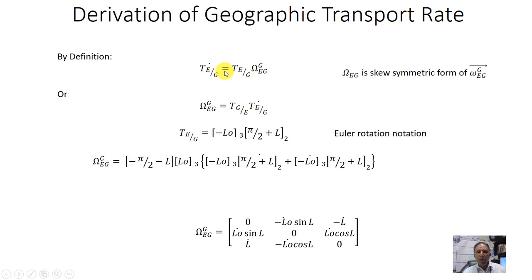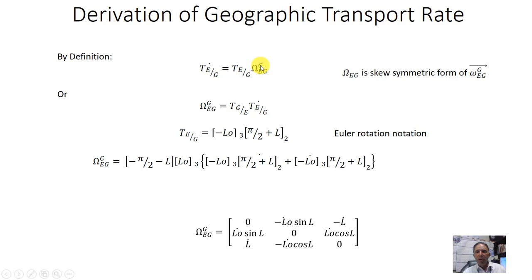In particular, the derivative of the direction cosine matrix that transforms geographic to ECEF equals the direction cosine matrix from geographic to ECEF times the skew symmetric matrix of the angular velocity of the geographic frame with respect to the ECEF coordinate frame, expressed in the geographic frame.